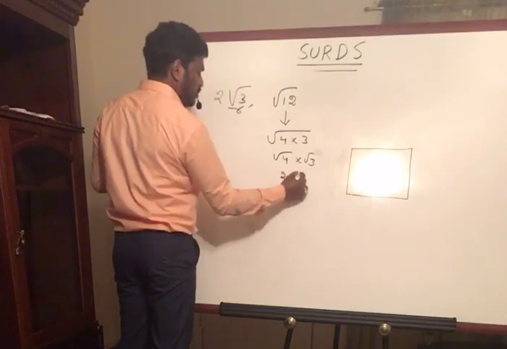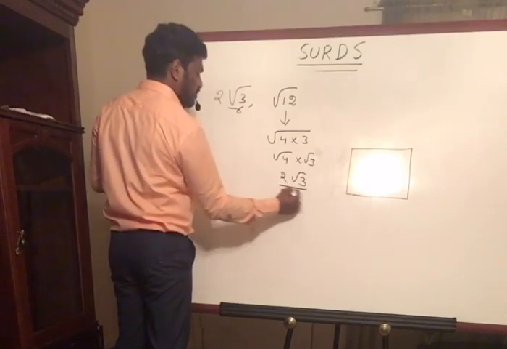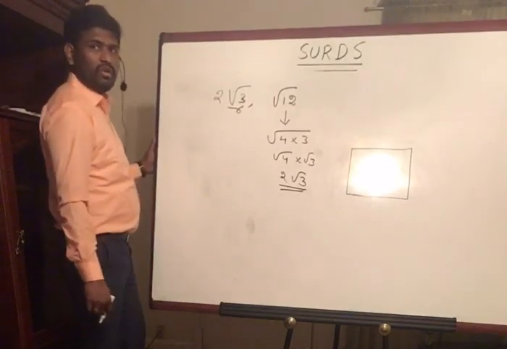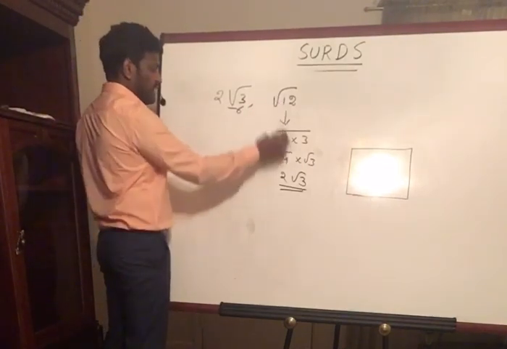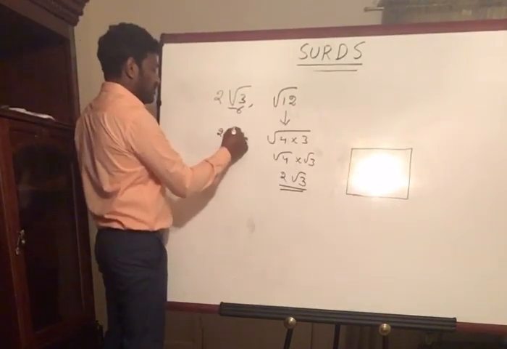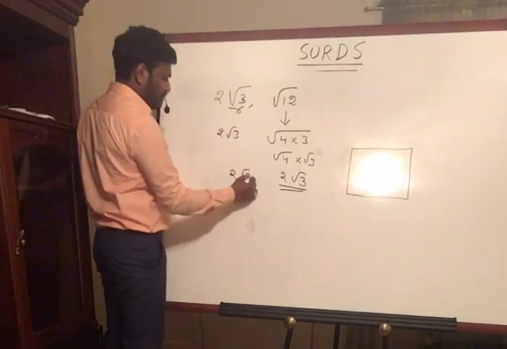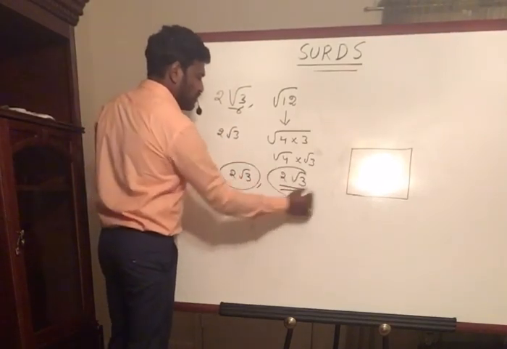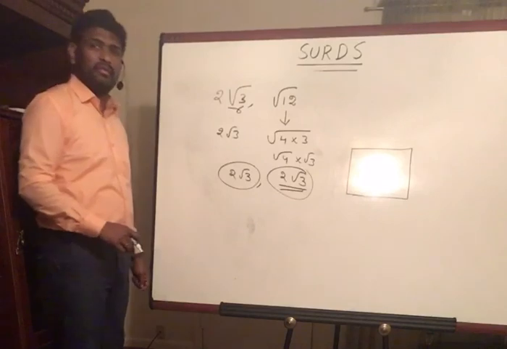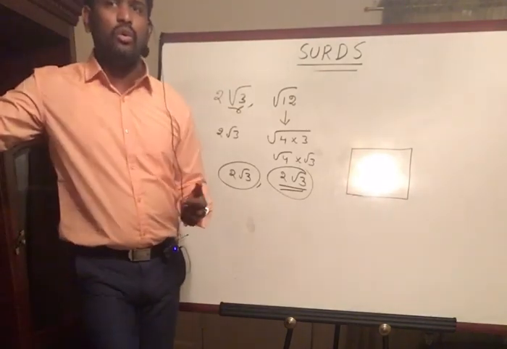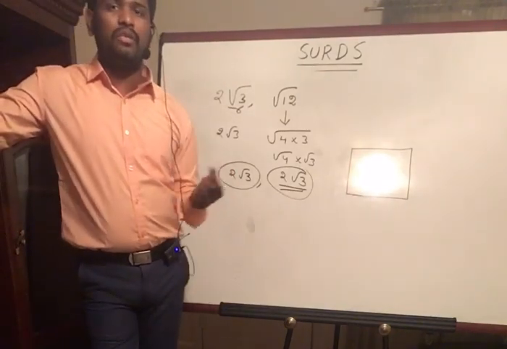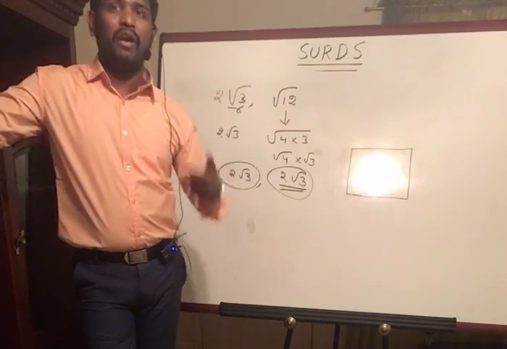This is 2 root 3. So if you simplify root 12, it will be 2 root 3. So 2 root 3, 2 root 3. Now they are similar.